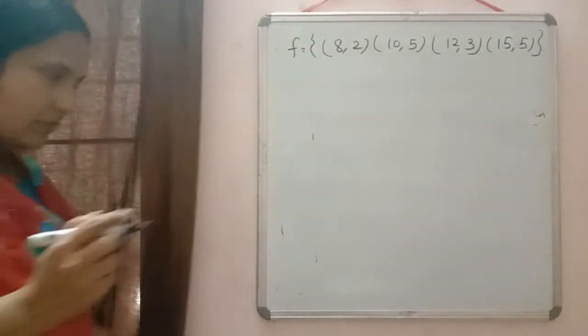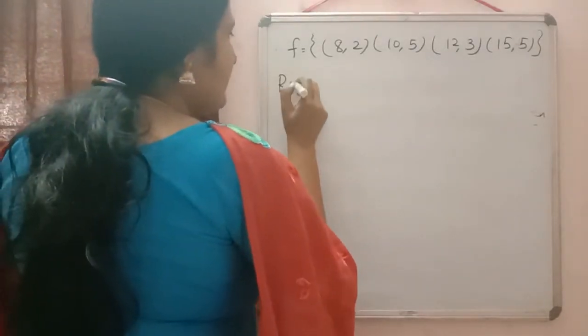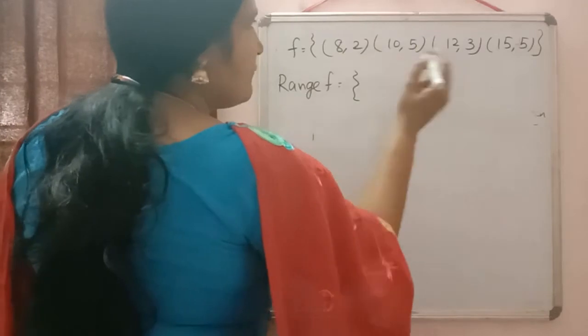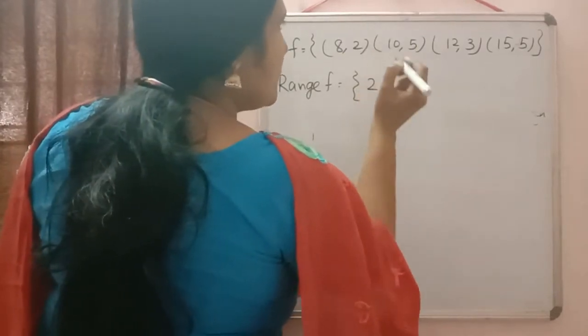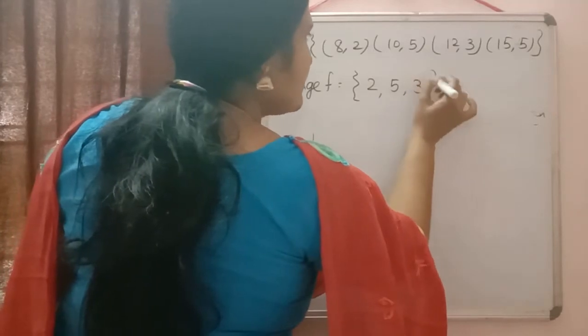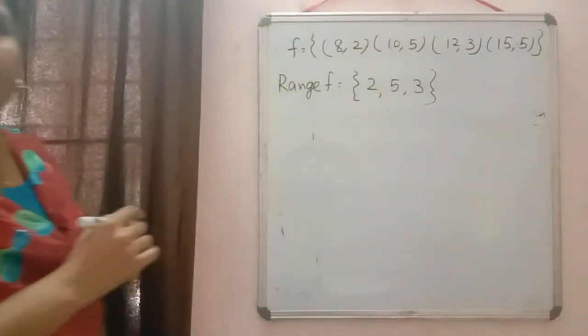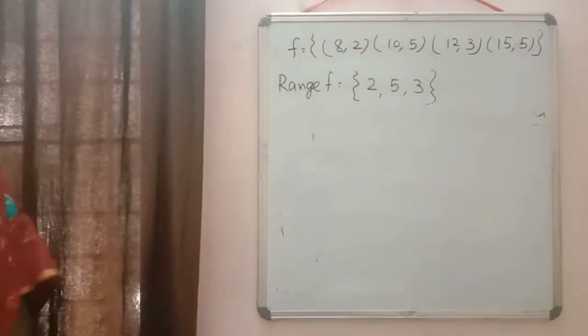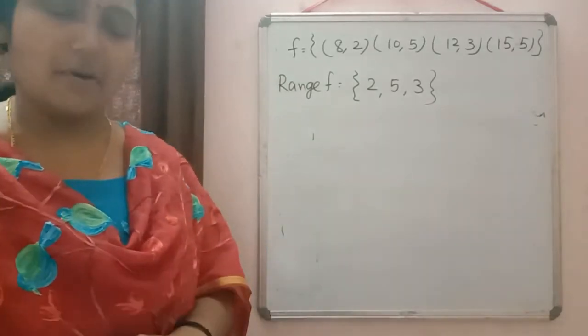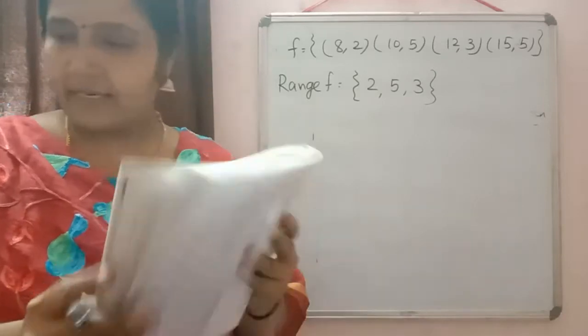So just write down what are the second elements we have. Range of f is equal to the set of all second elements. We have 2, and 5 is there 2 times, so 1 time only we have to write. So range of f is equal to the set {2, 5, 3}. So I think this is clear to you. Okay. Now write down the next question.